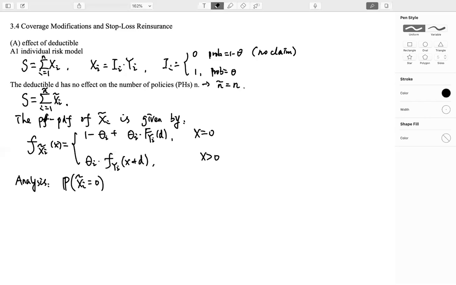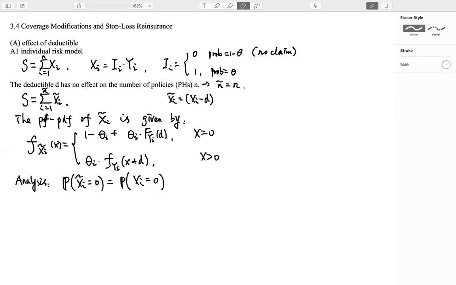X tilde is the loss after the introduction of deductible. So it may be the original size is 0. Then of course after the deductible it is still 0. That is because, right? I think we usually put plus sign as the subscript.